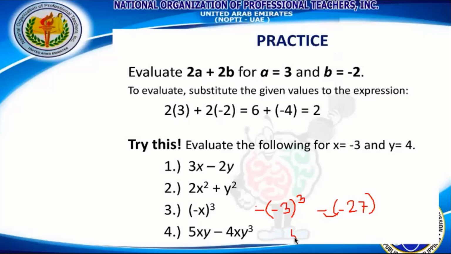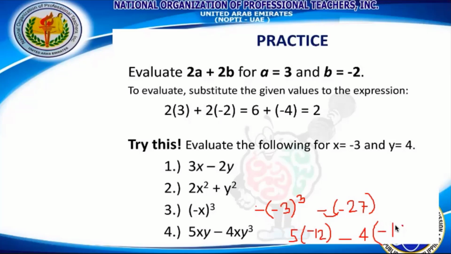So, ito, 5 times negative 12. Tama. Minus 4xy. So, 4 times 4 times 4 times 4, 64 times negative 3 is 192.